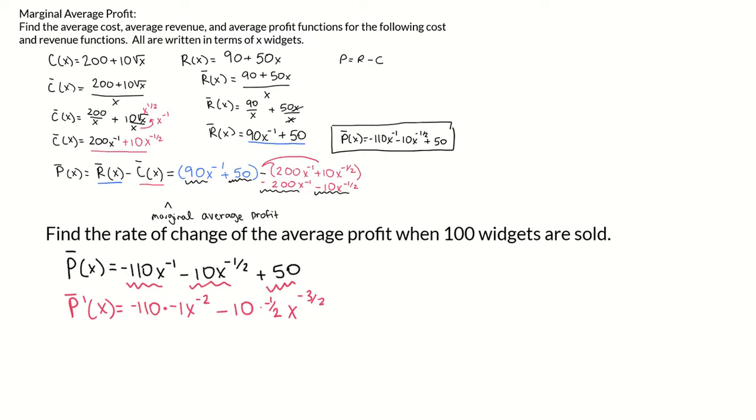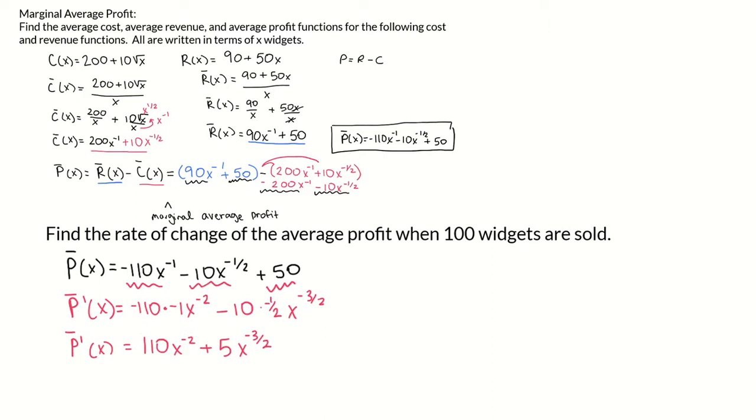And then this constant term, the derivative of a constant is 0. So this function here is our average profit, but I can write it a little bit more nicely. P bar prime, negative 110 times negative 1 is positive 110, x to the negative 2. And then positive 5, x to the negative 3/2.